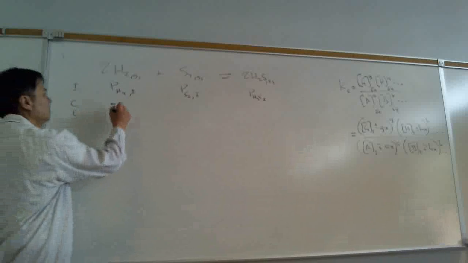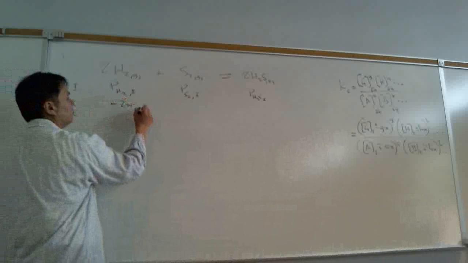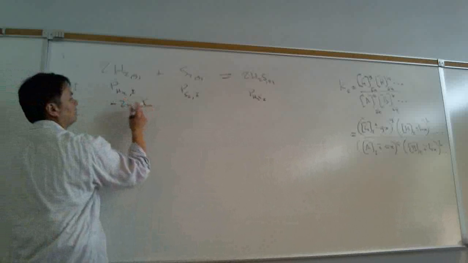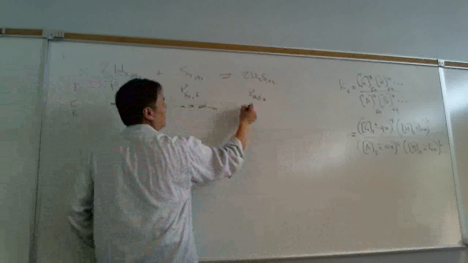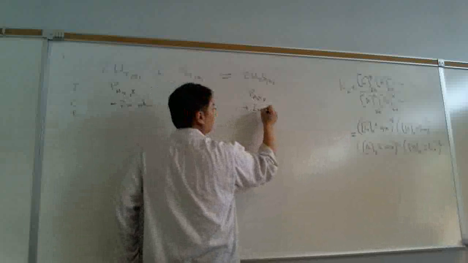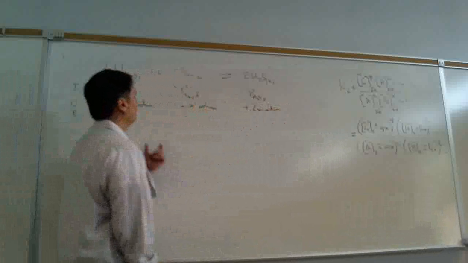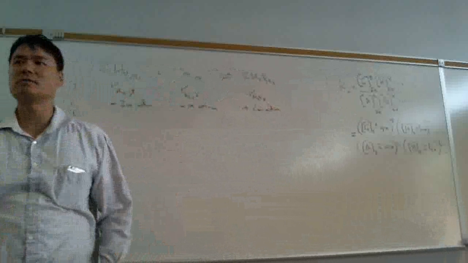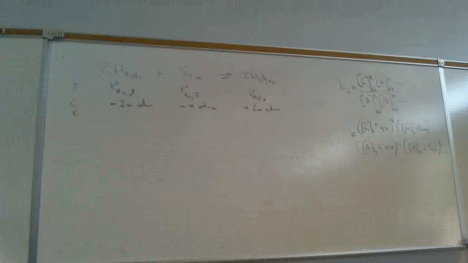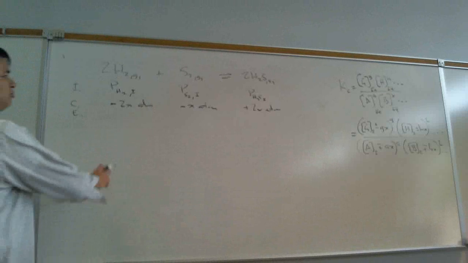And so this is going to be minus 2x. And the units for this are going to be atm: minus x atm, plus 2x atm. It has to follow the mole ratio. It's a 2 to 1 to 2 mole ratio. Otherwise, we're going to create or destroy atoms, which we can't do. Atoms are conserved. This is if it goes forward.